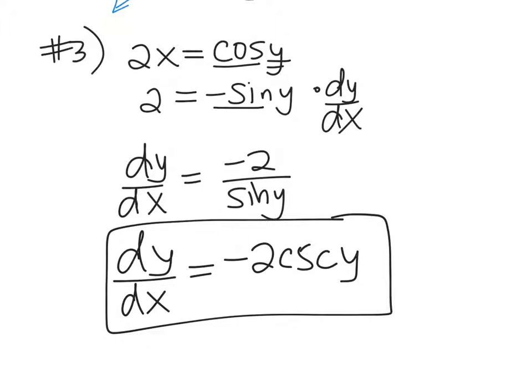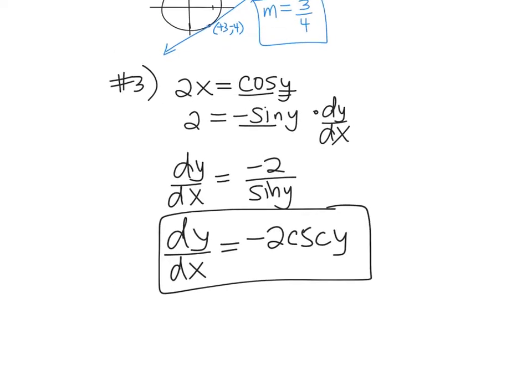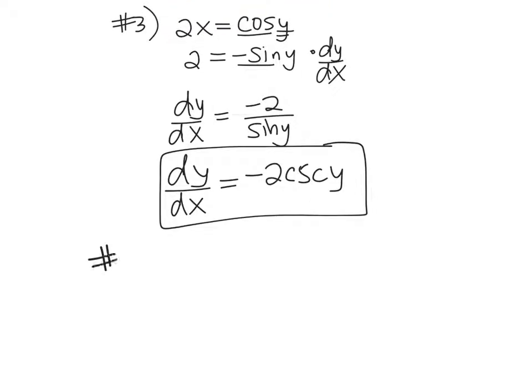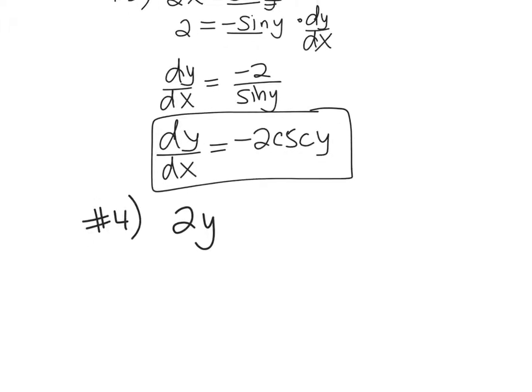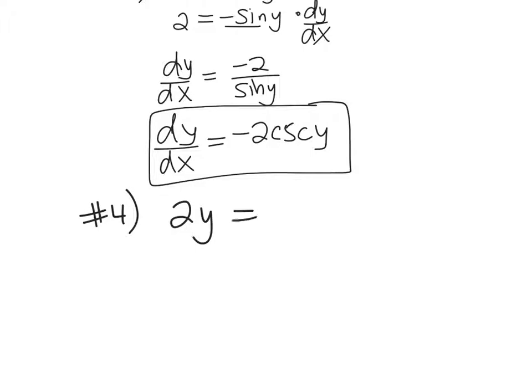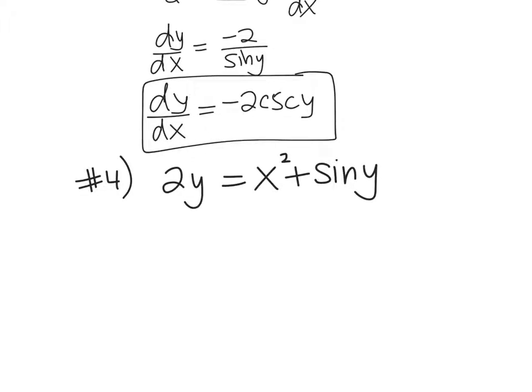Okay. Let's try this one now. Number 4. This one's really a little complicated, so pay attention. 2y equals x squared plus the sine of y.